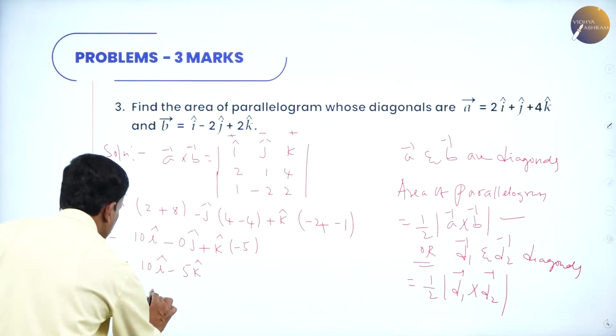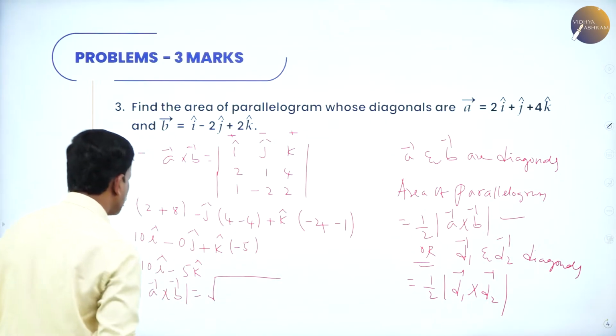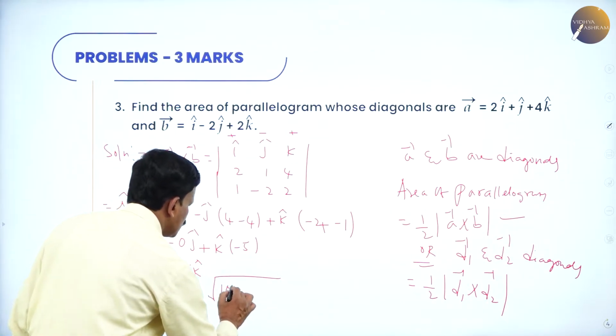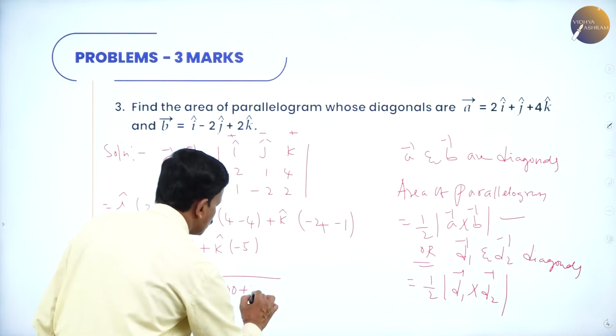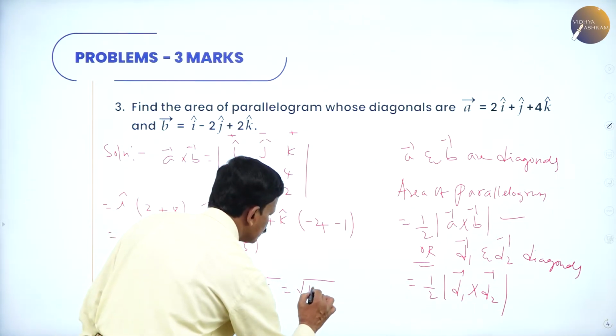Now, find out the length of A cross B. Length of A cross B is equal to square root of 10 square is 100 plus 5 square, minus into minus plus, 25. This is 125.